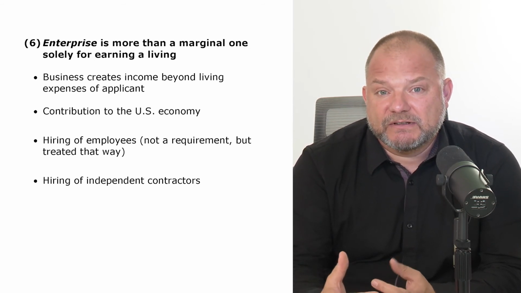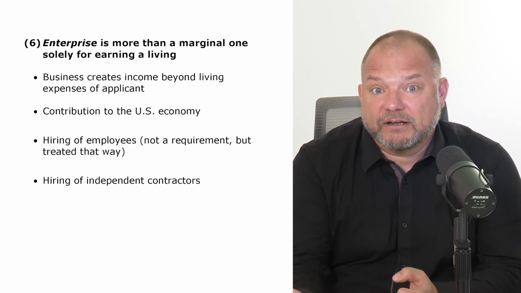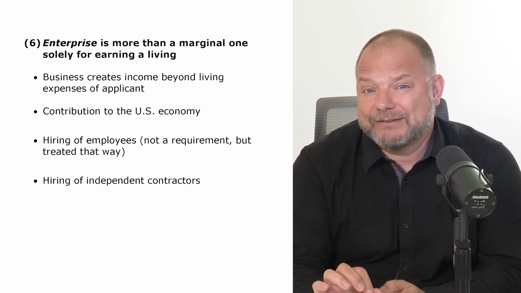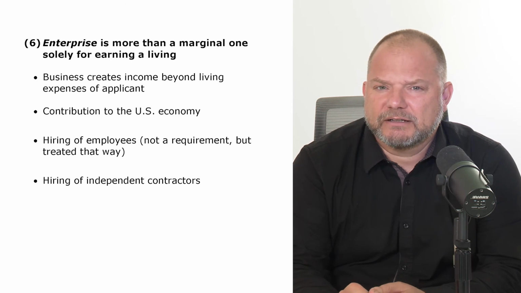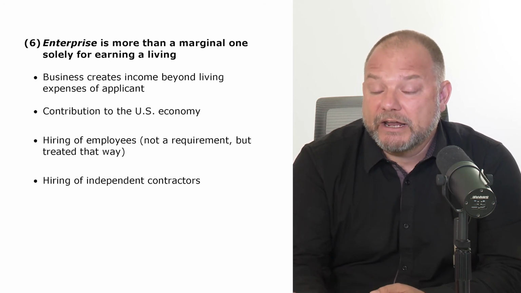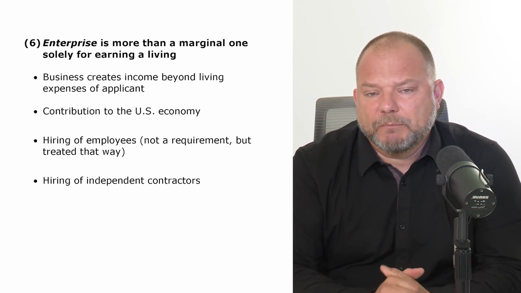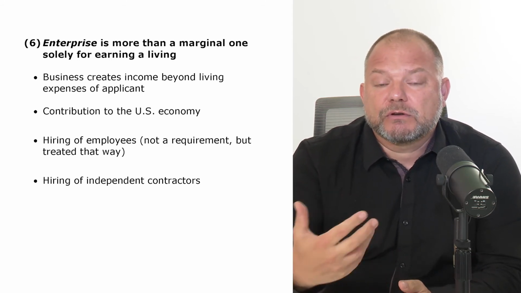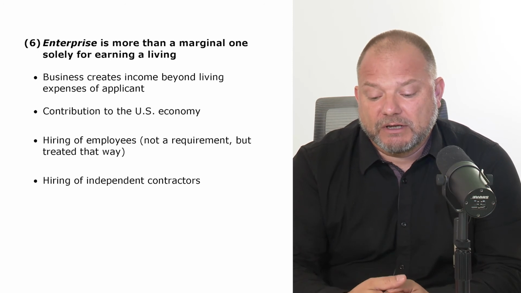A lot of times this can be evidenced through hiring a full-time US employee, for example. It is not technically a requirement under the law that you hire someone, but it is recommended because it shows your contribution to the US economy.